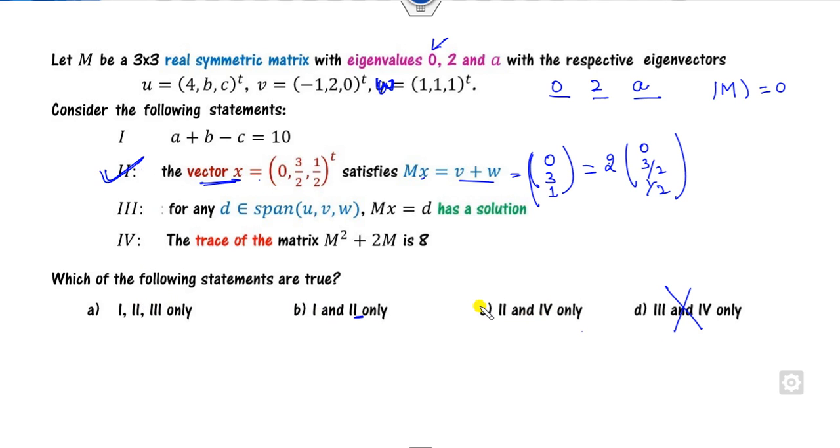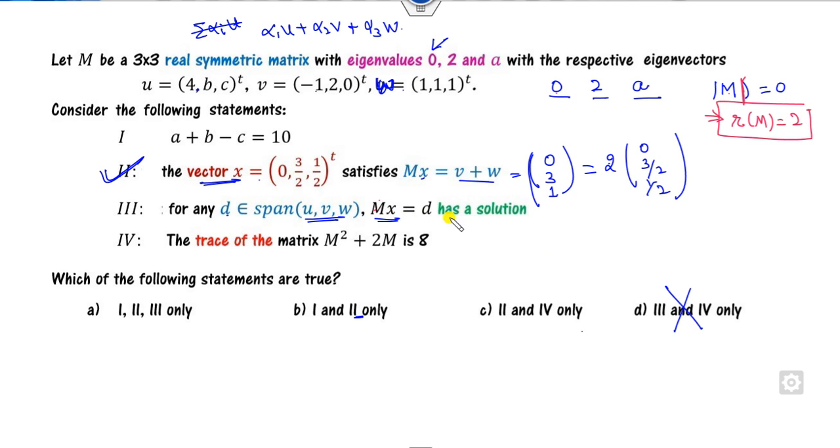Now there are 3 options left. Look at this option: D is in the span of U, V and W. What is the span? It is the linear combination of U, V and W, that is alpha 1 U, alpha 2 V, alpha 3 W. If you look at it, the determinant of M is 0 and the rank of M is 2.